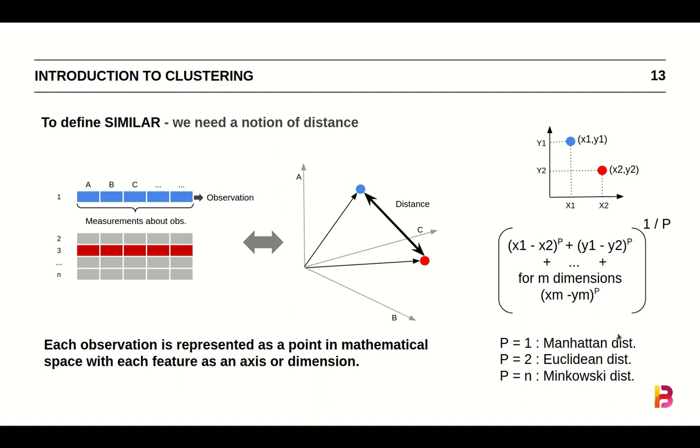In general, the higher the number of p is, the impact of the difference in each feature is amplified. So think of it this way: if x2 was 5 and x1 was 1, so 1 minus 5 would be minus 4. If p is 1, it stays minus 4. But if p is 2, it becomes 16. If p is 3, it becomes 64.